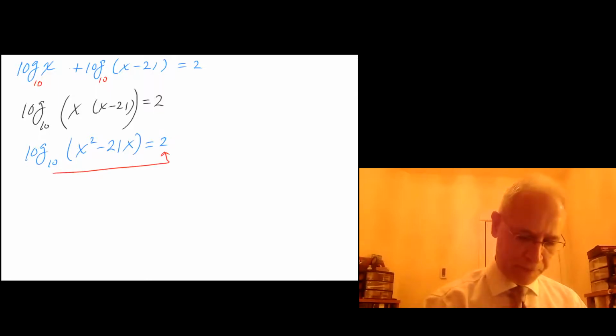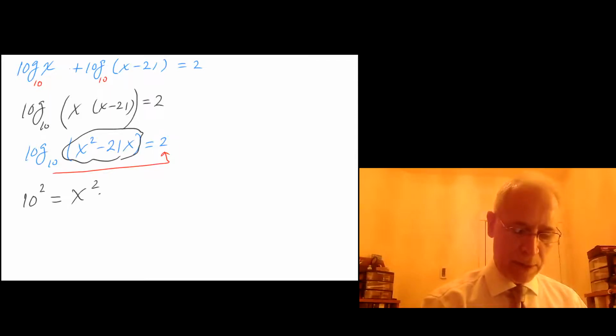Now I can claim that this base to this power, that is 10 to the second power, must equal this argument, x to the second minus 21x. 10 squared is 100. Putting all terms on one side, I will get x to the second minus 21x minus 100 equals 0.